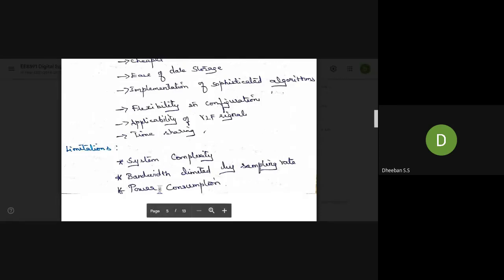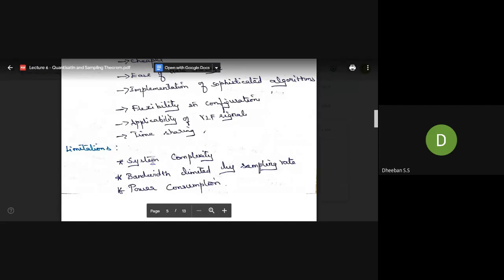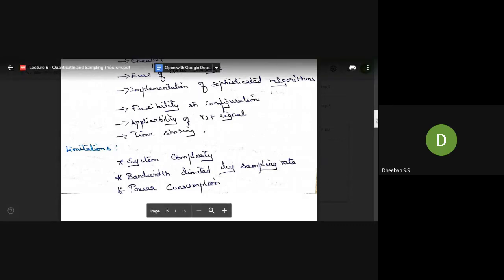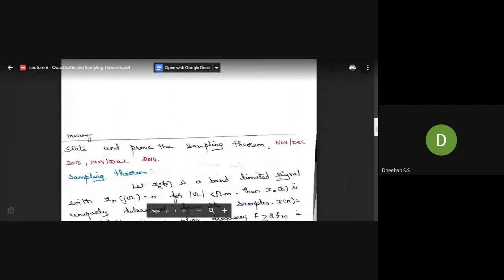The bandwidth limitation will be 2 times your switching or sampling frequency. The system is somewhat complex in nature. So this is digital signal processing. This can be a 13 mark question, so you can expect that.